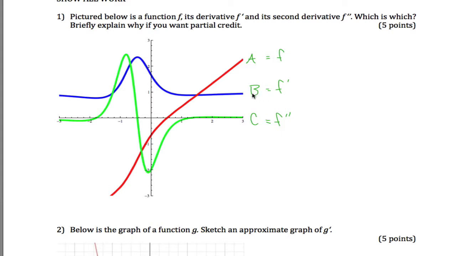Is C the derivative of B? Well, let's see. B is pretty close to flat at the start here. Maybe it's going down a tiny bit, but it's almost flat. So the derivative should be almost 0, maybe slightly negative. It's exactly what green is: the height here is slightly negative, but pretty close to 0. And then it turns and decides to go up for a little while. If it's going up, its derivative should have a positive height. Note the height of this green graph is positive all throughout here.